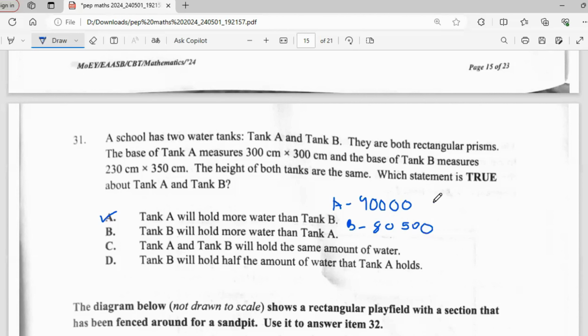So whatever you multiply it by, say you multiply it by 10, right? 10 times 90,000 would be 900,000. 10 times 80,500 would be 805,000. Right? So A is still gonna be more. So that's the correct answer here.